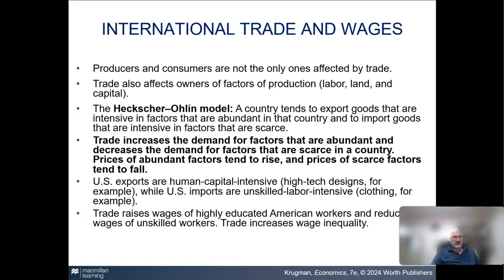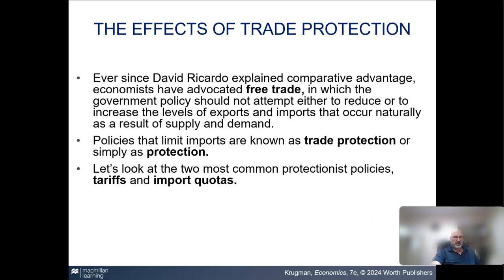U.S. exports are human capital intensive, high-tech designs, for example, and U.S. imports are unskilled labor intensive, clothing, in that sense. So trade raises wages of highly educated American workers and reduces wages of unskilled workers. So pretty much how that works. And that, ladies and gentlemen, is one of the reasons you are in college.